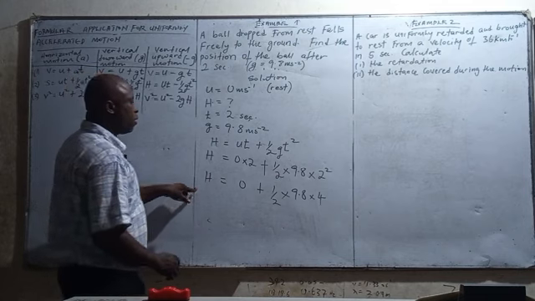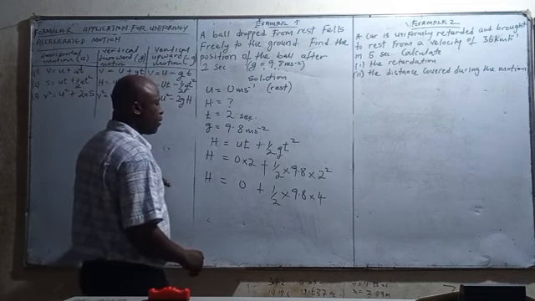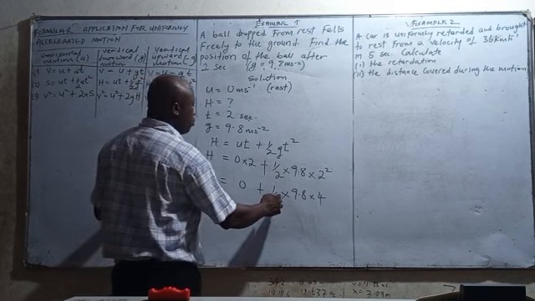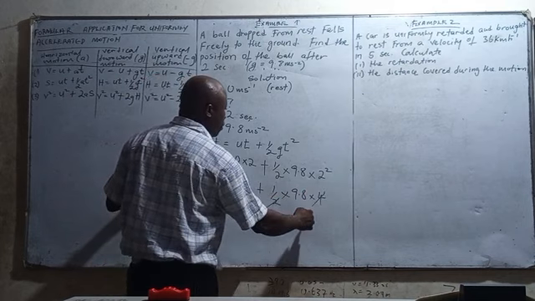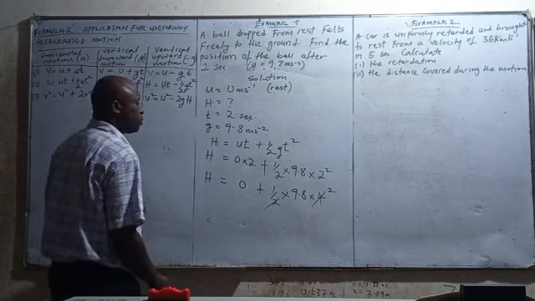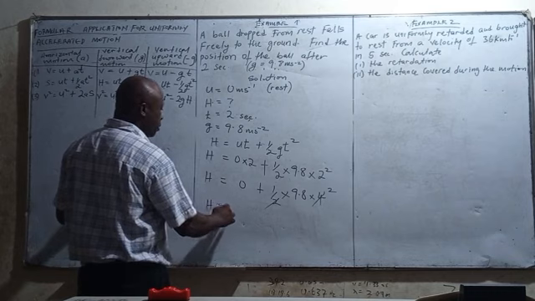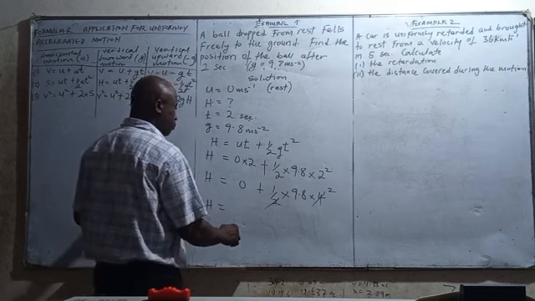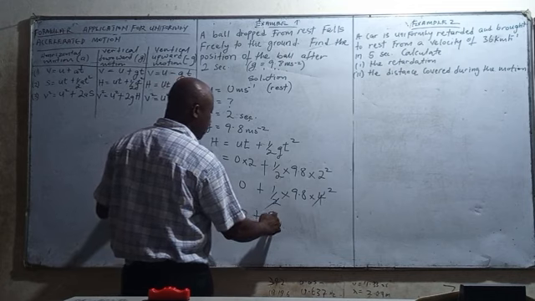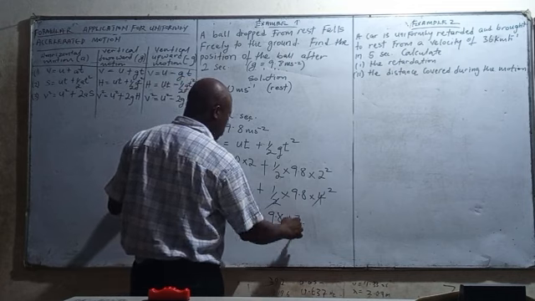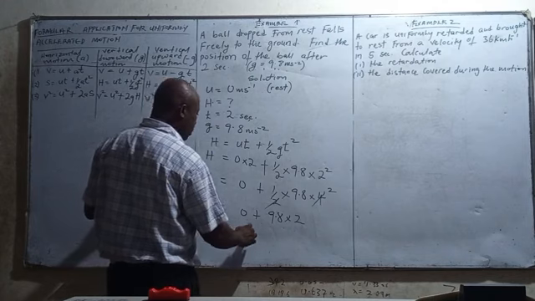So if 2 squared is 4, now we can resolve directly. The half cancels with the 4, and we are left with 2. So our expression will now read 0 plus 9.8 times 2, and that gives 19.6.